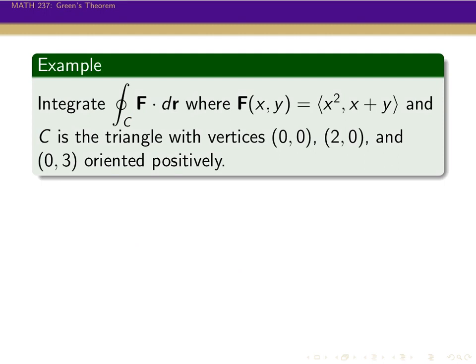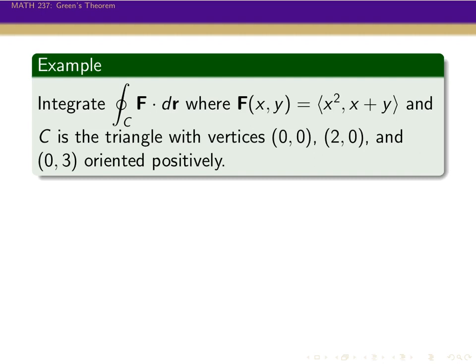Okay, so let's do an example. Really, integrating over closed curves is not different than anything else. Here our vector field is x squared, comma x plus y, and we're going to integrate over a triangle with vertices (0, 0), (2, 0), and (0, 3) that's oriented positively.